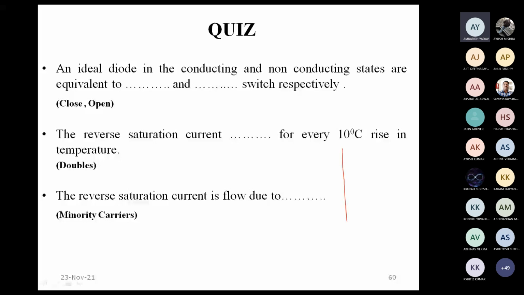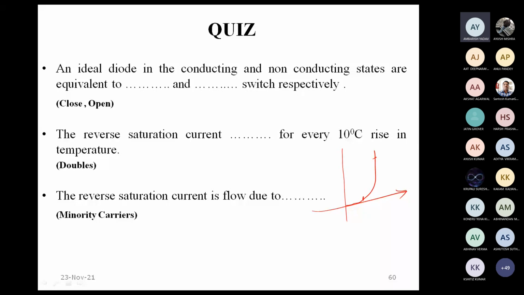But if we have some characteristic like this, and VD is varying by a large amount, where we cannot say that it is a linear variation, then also we can define an average resistance that we call the large signal resistance, or large signal AC resistance.